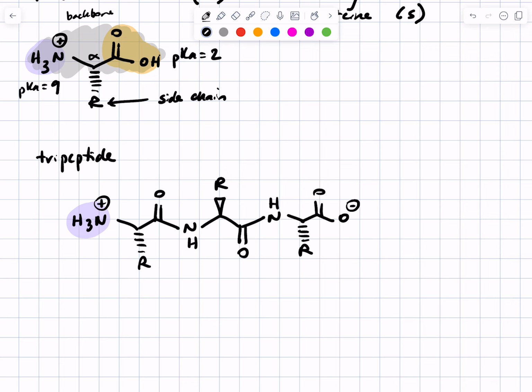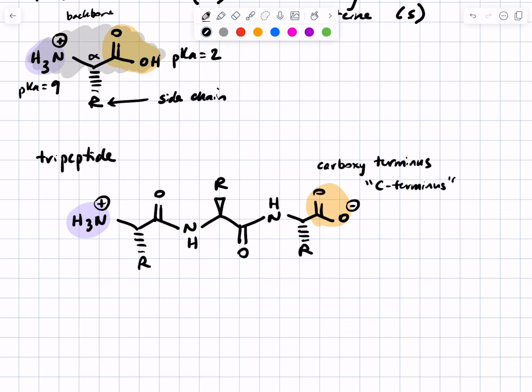You'll notice that this tripeptide has 2 different ends. One is what we're going to call the carboxy terminus, that is the end of the peptide that has the carboxylate group on it. For short, we'll call this the C terminus.